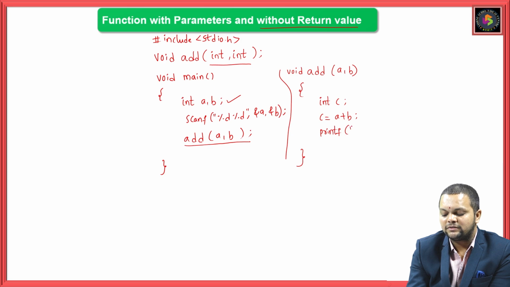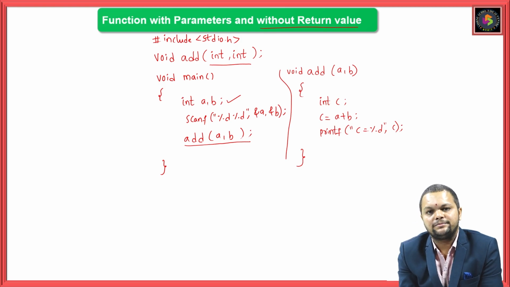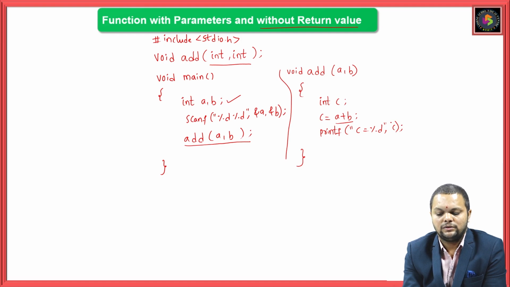Sir, without declaring c, can I do it? Yes, you can do it directly. C equal to %d comma c. Replace a plus b at this position.